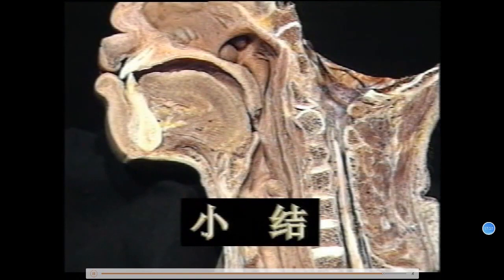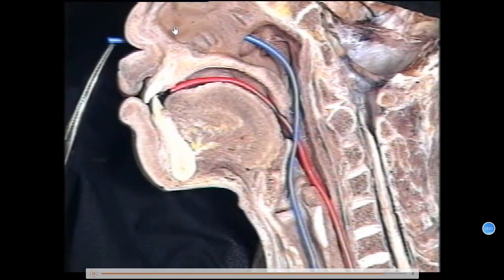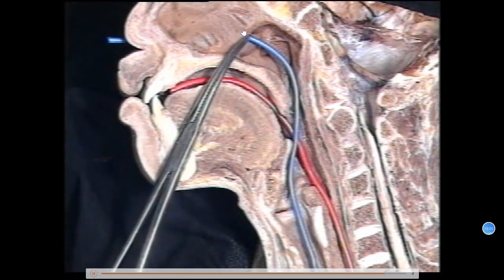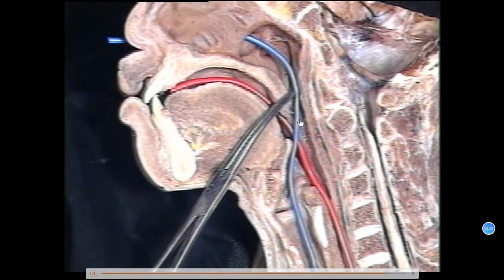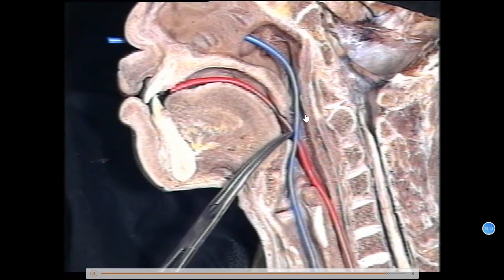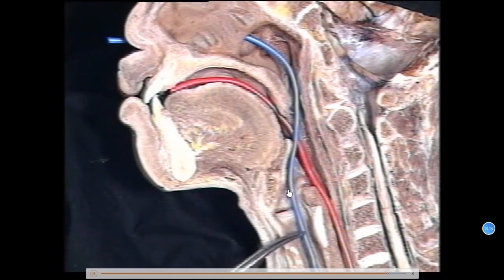Okay, the summary. In the respiratory tract, the air goes from the nose or nasal cavity into the nasopharynx, oropharynx, laryngopharynx, then larynx, trachea, bronchus.